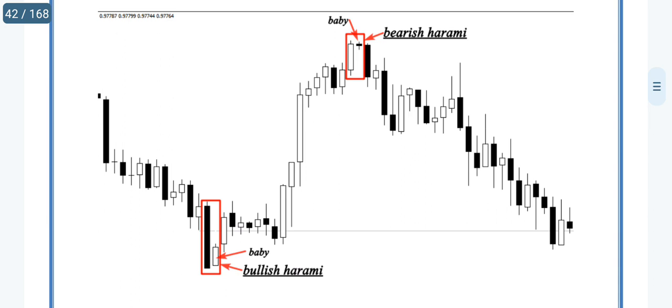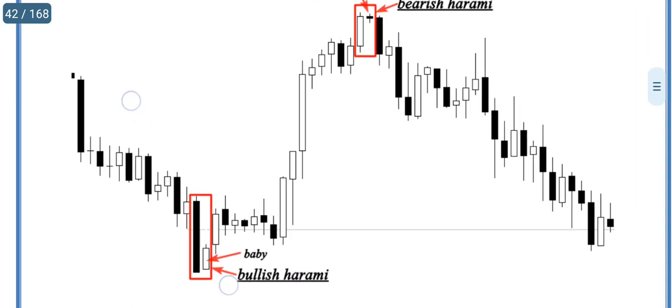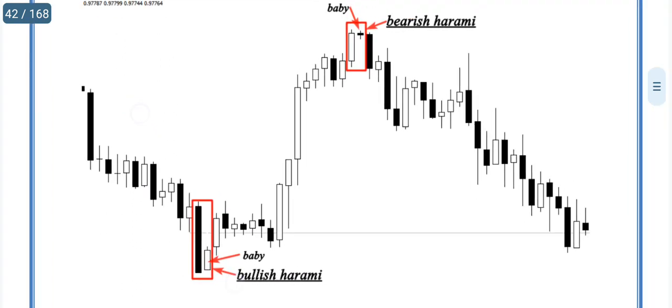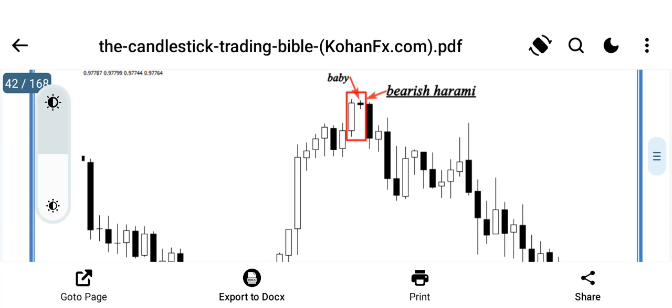Look at this example here. I want you to observe it very well. Here we have the baby candle, covered by the mother candle in the downtrend here.